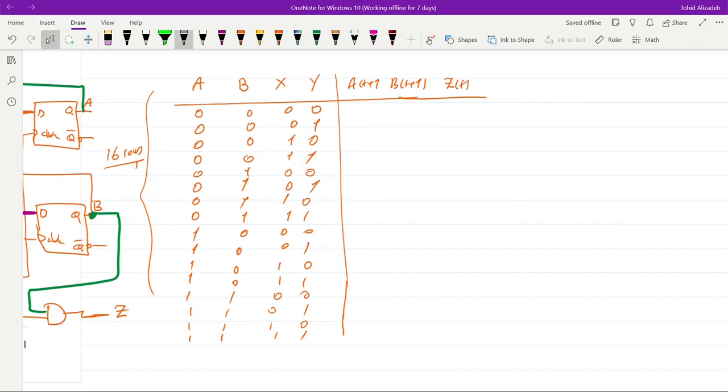It means that whenever both x and b are equal to 1, z will be equal to 1, which is this case here, and the case here. And apart from that, z will be equal to 0 all the time. I hope the number of zeros that I put here is correct, but anyways, we have these two ones here and the rest will be equal to 0.